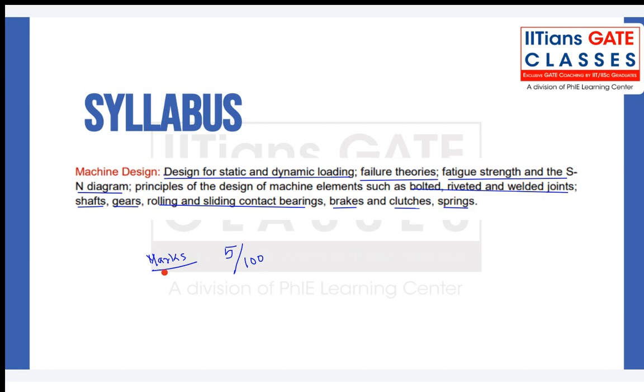Exclusively we'll teach that because you don't have much theory here. Mostly it is application numericals. I won't suggest any book here, but even if you want any, I'll suggest Design of Machine Elements by Bhandari. That is a good book. If you want, you can purchase that book.